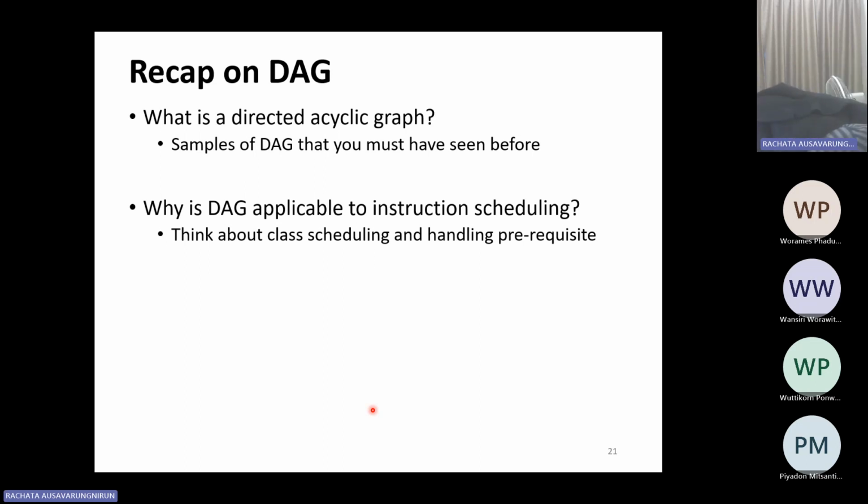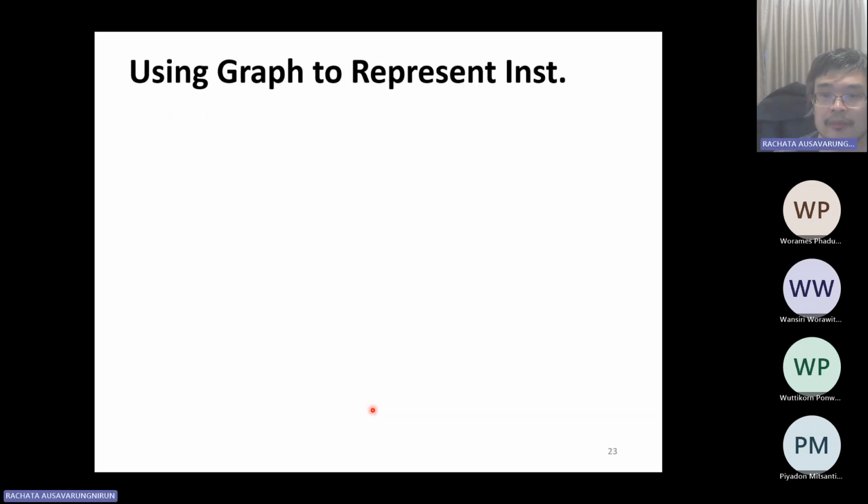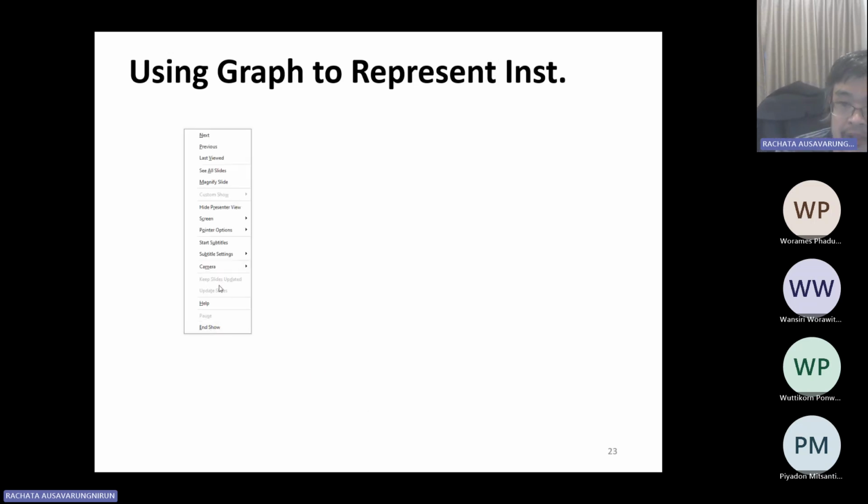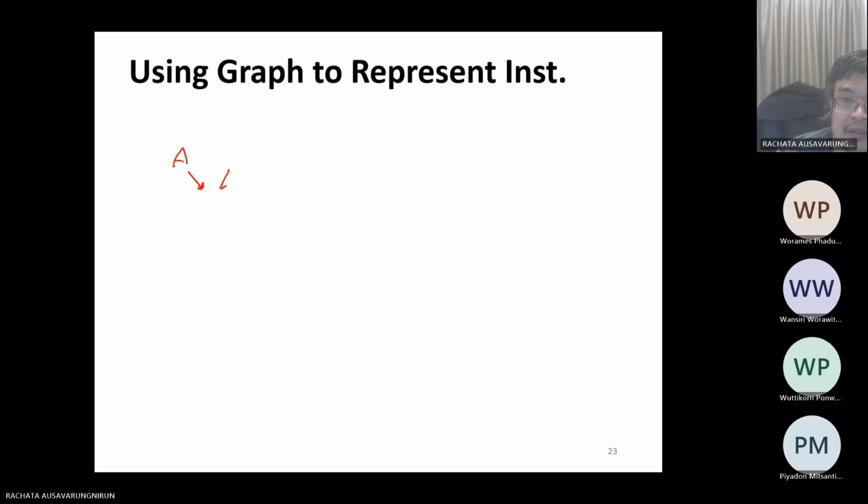So let me draw this a bit. All right, let me pull up my tablet here. I can use a graph to represent instructions. For example, say I have an add instruction, A plus B, right?